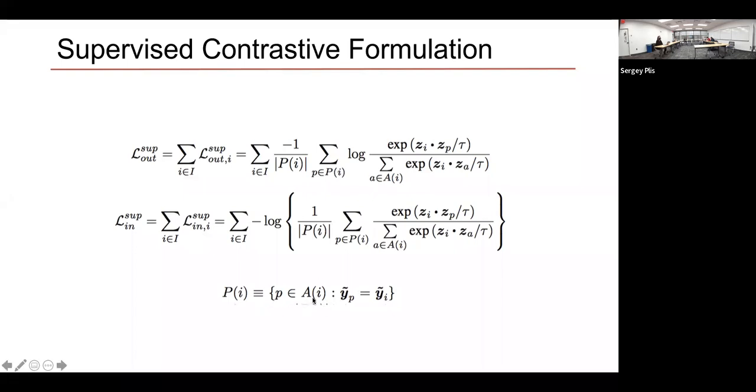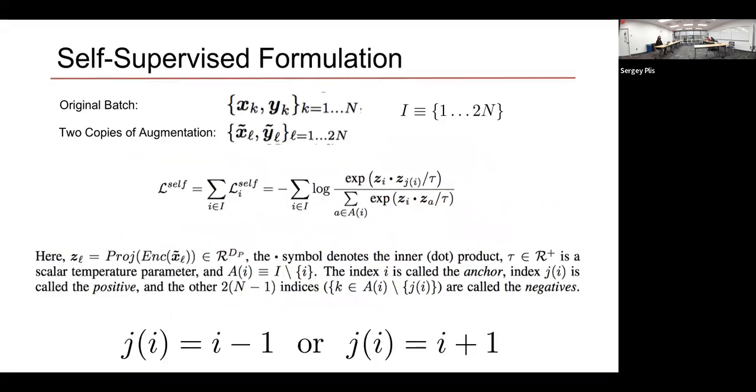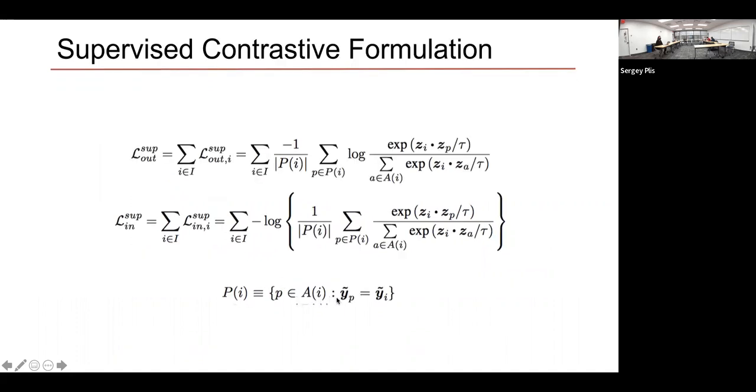How? We know that A of i is the rest of the samples, right? From the rest of the samples, pick those samples which have the same labels. So now P of i has all the samples from the same class.